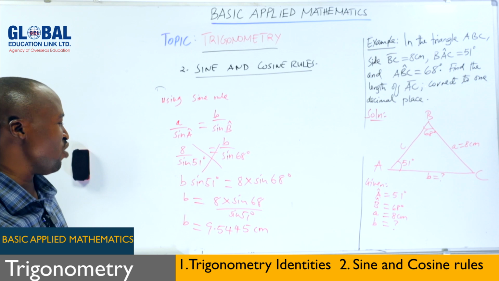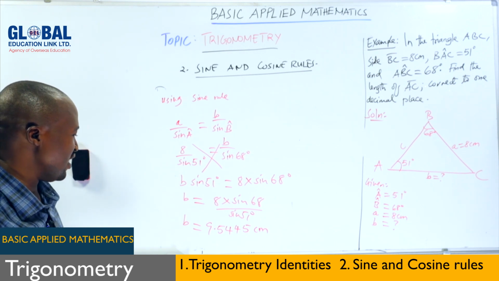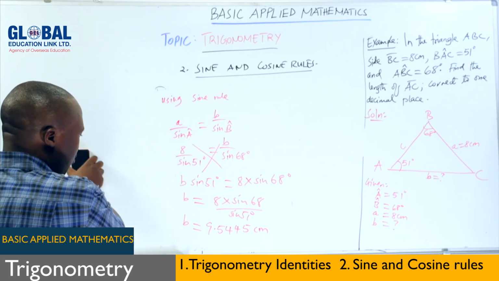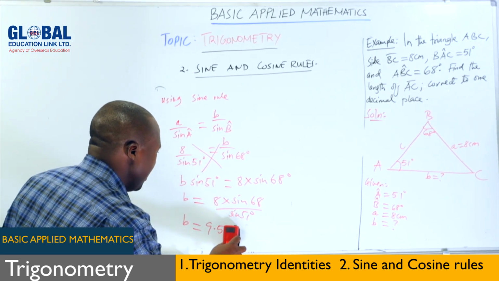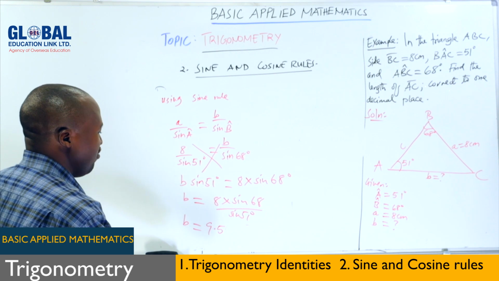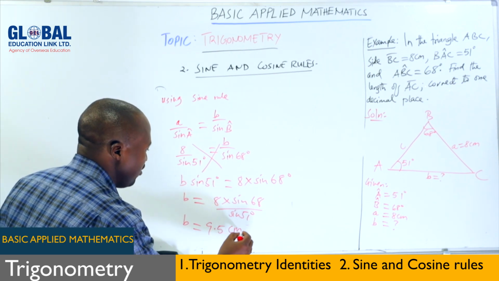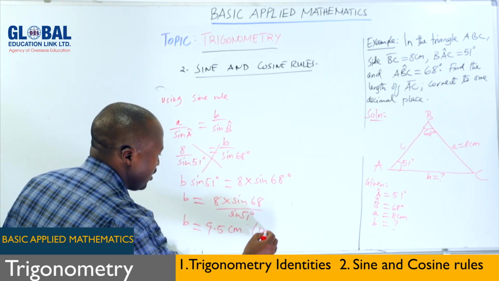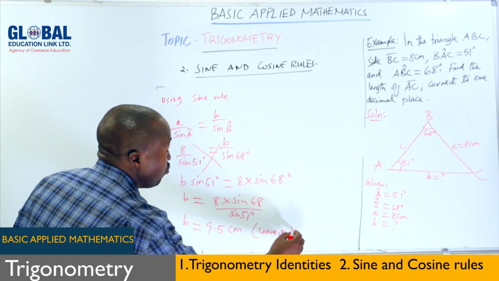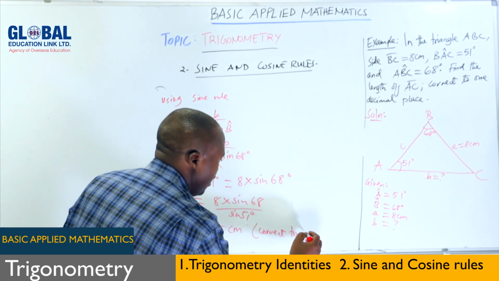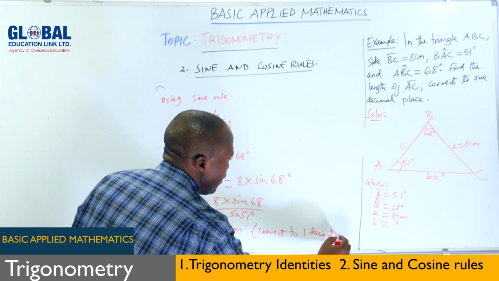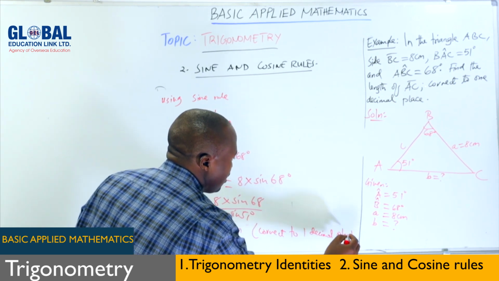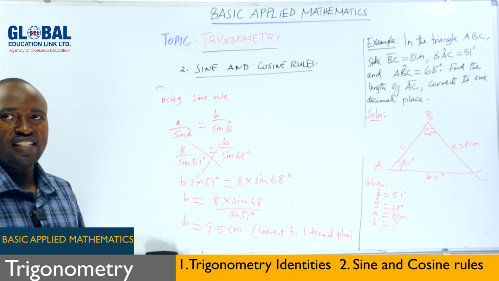Therefore, to correct to 1 decimal place, it will be 9.5. That is 9.5 centimeters, correct to 1 decimal place.